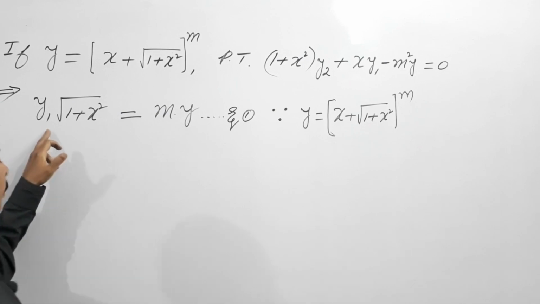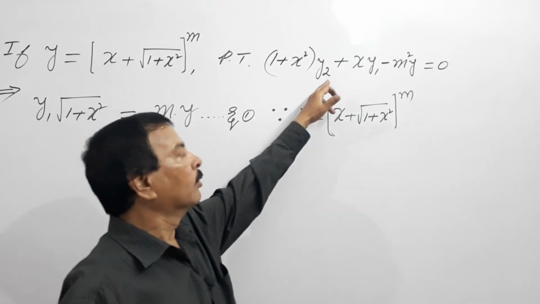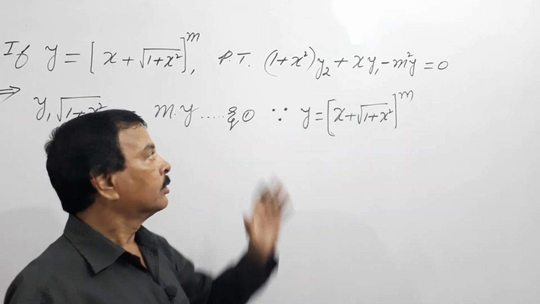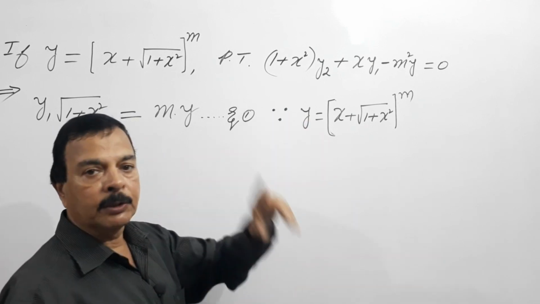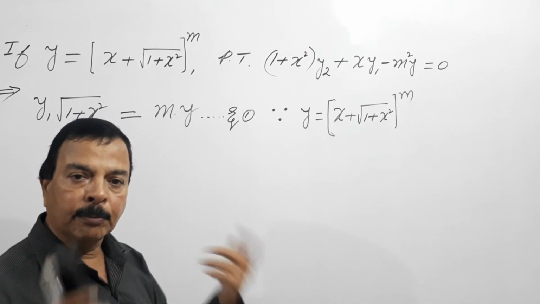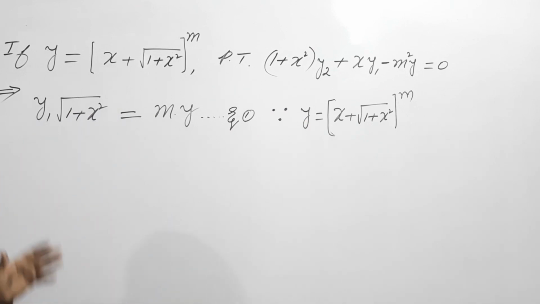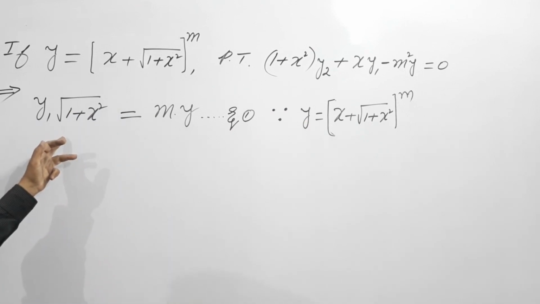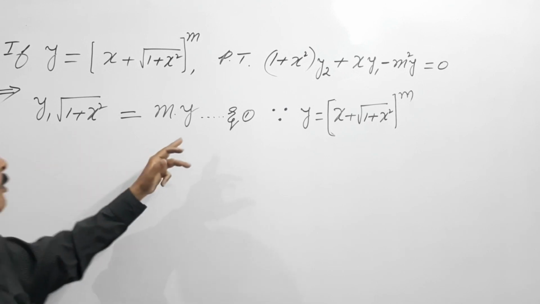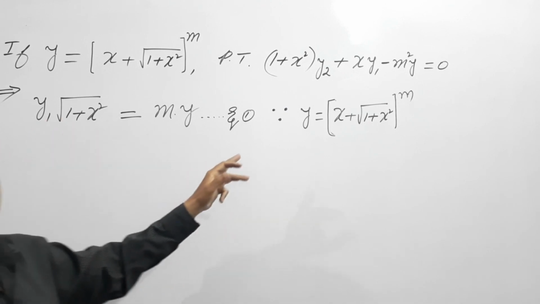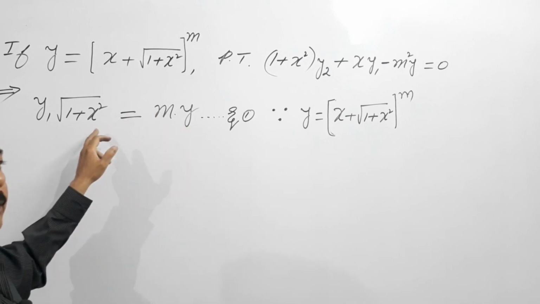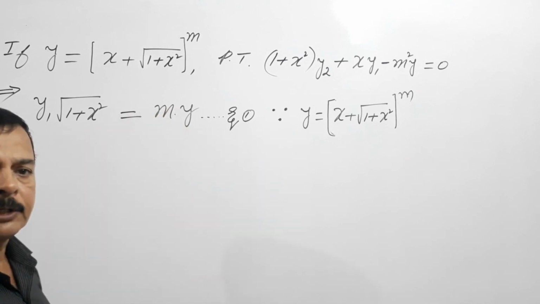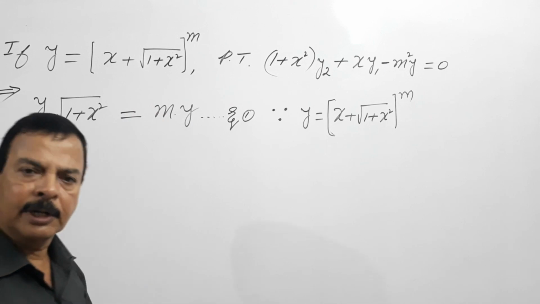Now we are with y1, he wants y2, isn't it? It means you have to differentiate this equation 1 once again with respect to x. But before doing that, I want to remove this root. How will I remove this root? Either you have to multiply both sides by square root of 1 plus x square, or square both sides. The easiest way is square both sides.